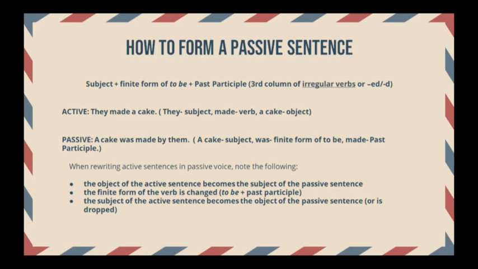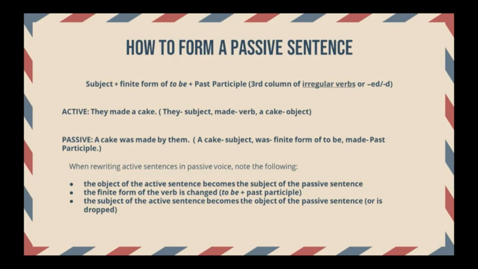The finite form of the verb is changed, okay? And the subject of the active sentence becomes the object of the passive sentence or is dropped. So what is really important is that the object of an active sentence becomes the subject of the passive one.